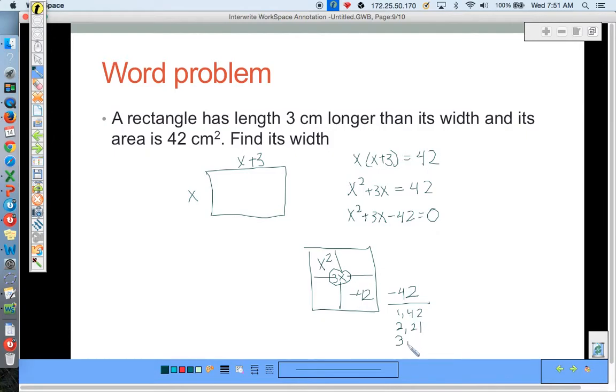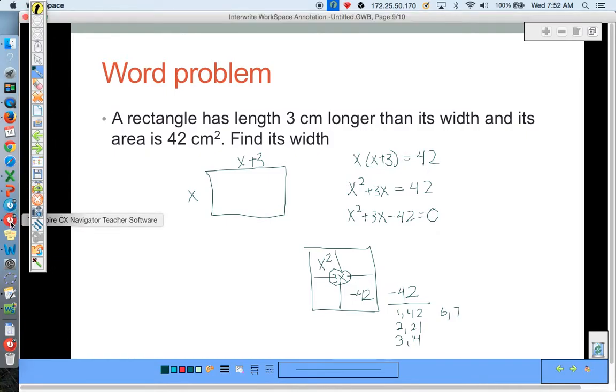It is 14. 4 doesn't, 5 doesn't, 6 and 7. I must be missing one here. You guys see anything that I'm missing? Maybe this one is not factorable.